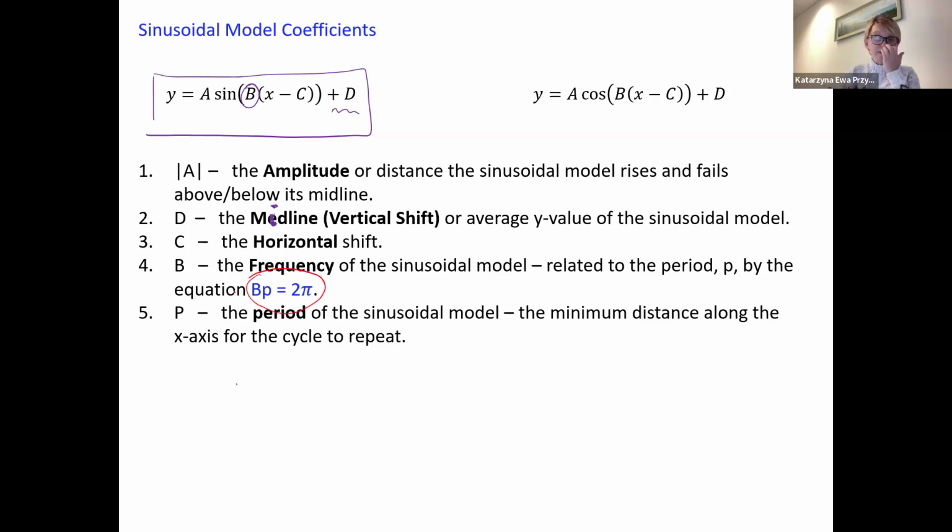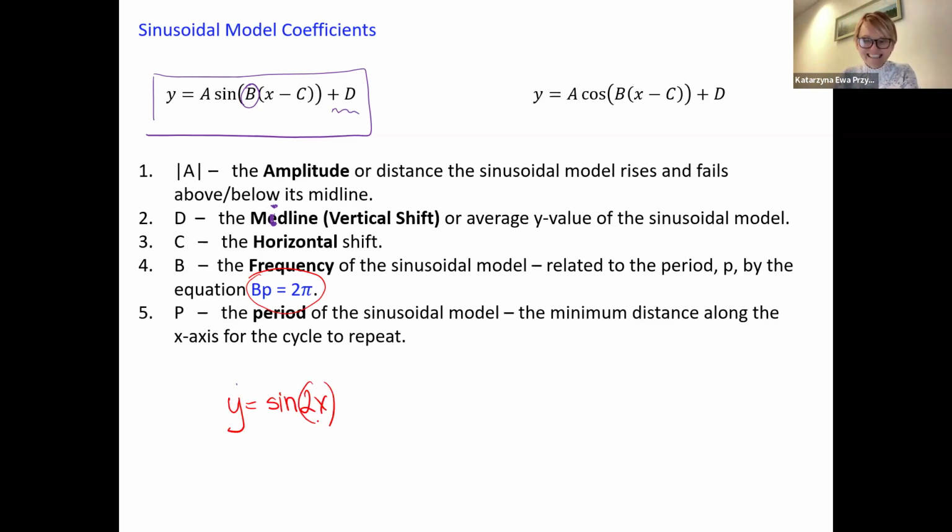It's helpful to know that if we take this quantity b times the period, we will always get 2 pi. That means bp equals 2 pi. Then we can calculate the period. If this is sine of 2x, what is the period of this function?